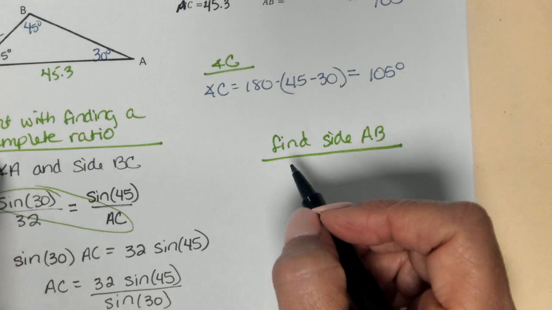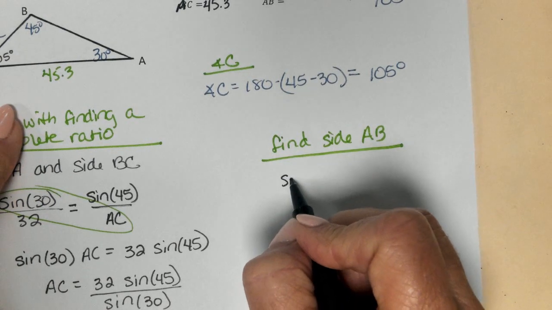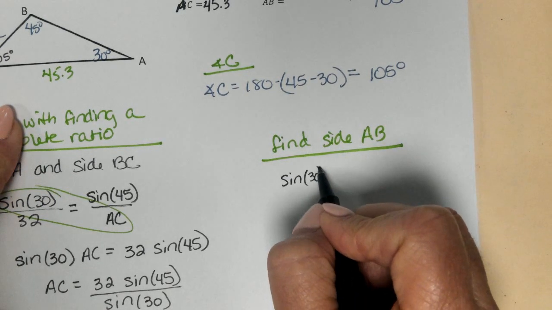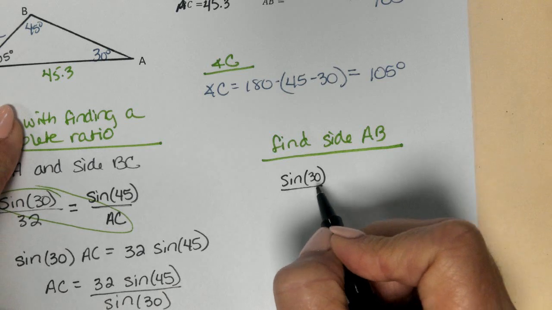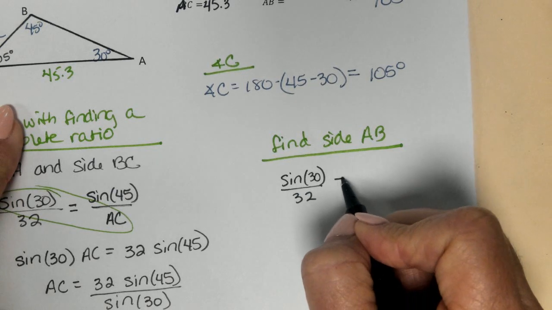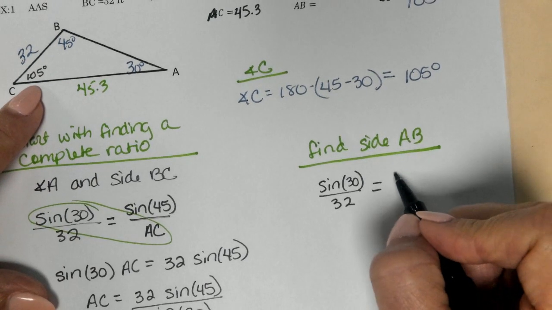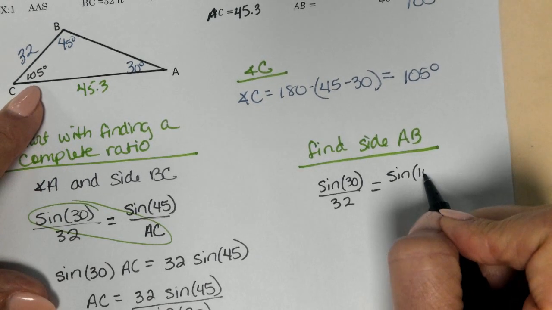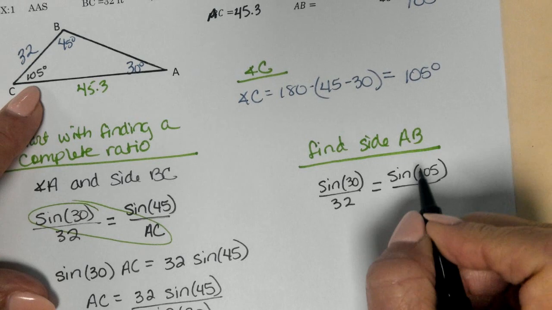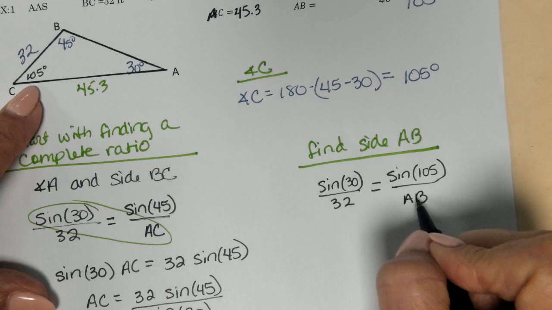All right, so we're going to set this up as the sine of 30 degrees over 32. Then we're going to look over here at the sine of 105 and compare it to AB.